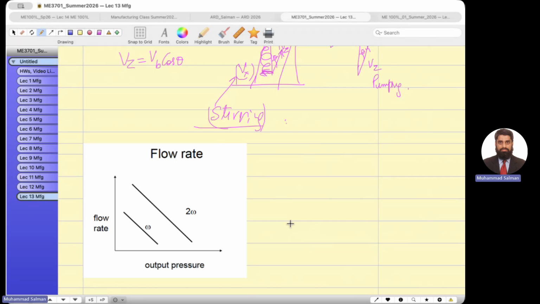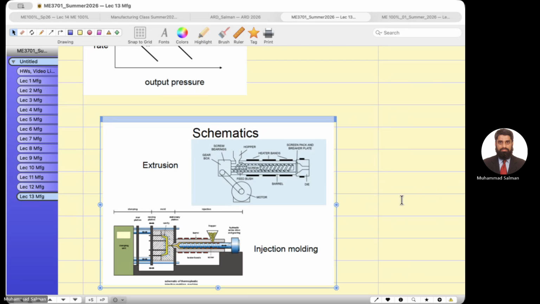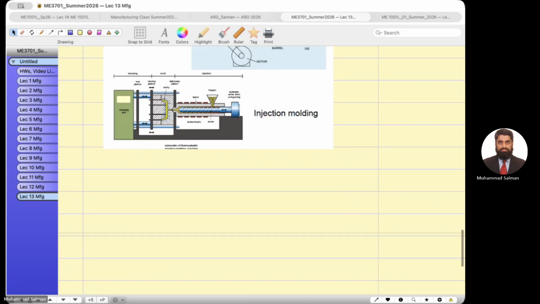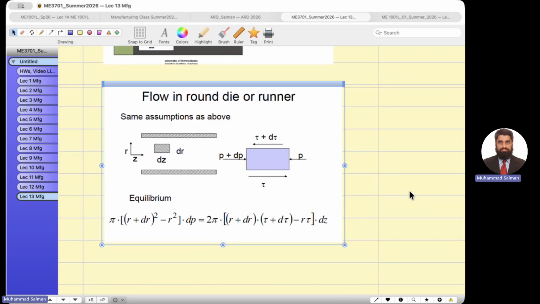This is another diagram to show you how the process looks. So there is a derivation process, flow in the round die or the runner.